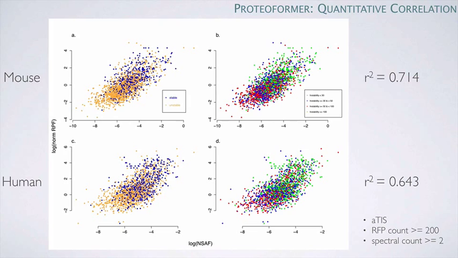The x-axis gives you these spectral count-based measures, and the y-axis gives you the RPF count, so the ribosome profiling-based information. As you can see, both for human and mouse, you have fairly good correlation coefficients, better than the ones you would obtain with matching RNA sequencing information.